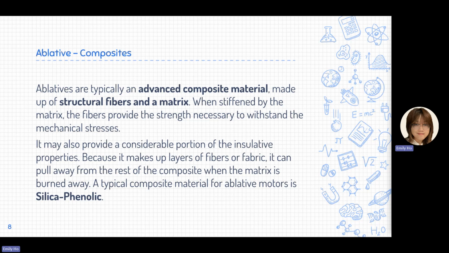Other common materials are carbon cloth phenolic, glass cloth phenolic, and, as mentioned, silica cloth phenolic. These are more efficient and effective than the homemade ablative that we make, but they're also more costly and the materials are harder to attain.